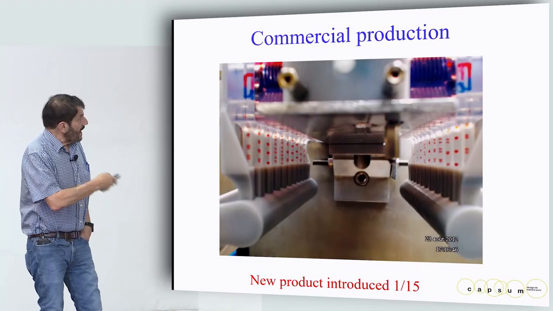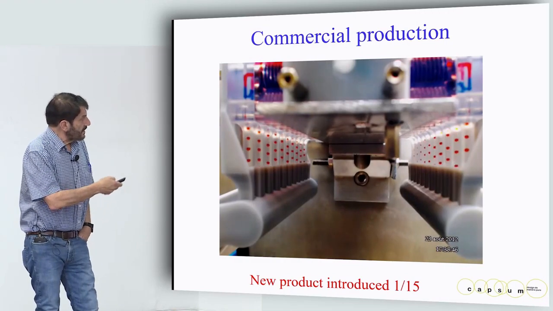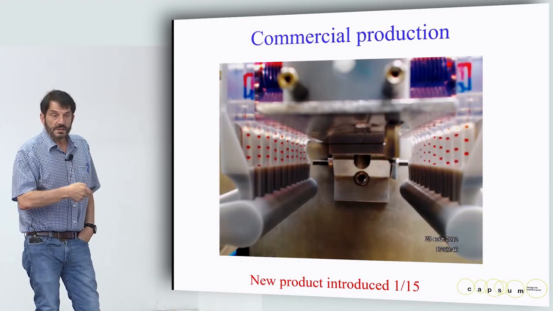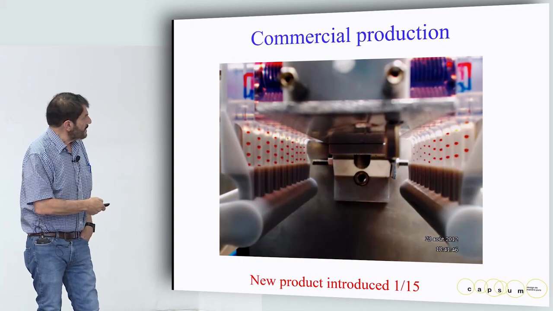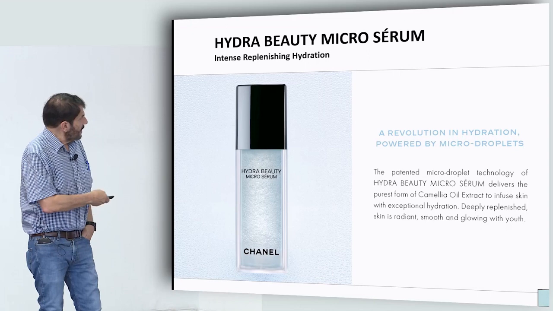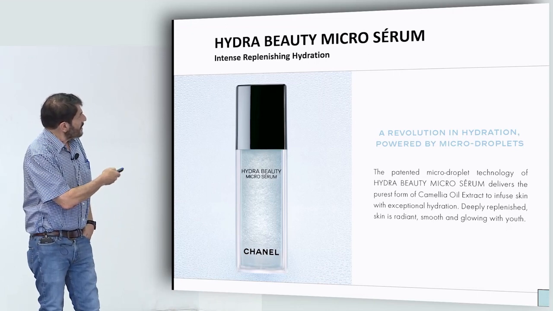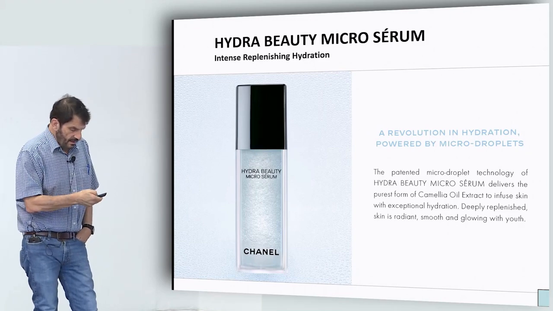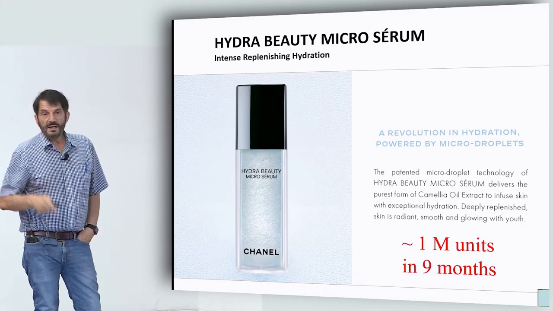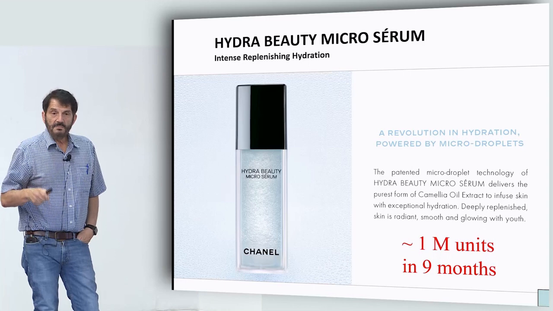Capsum actually developed another way of, this is another instrument that they developed another type of material that has a lot of its own interesting properties. With this they made this Hydro Beauty Micro Serum. It was sold by Chanel, and in the first 9 months, they made 1 million units in 9 months.